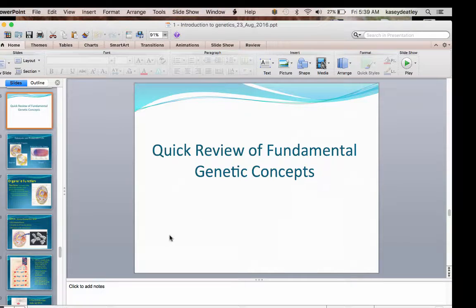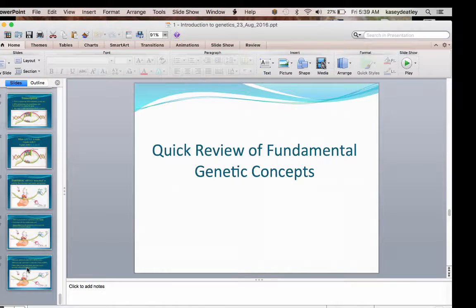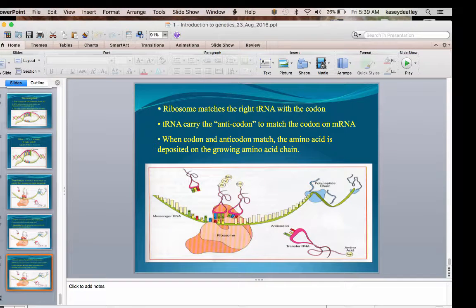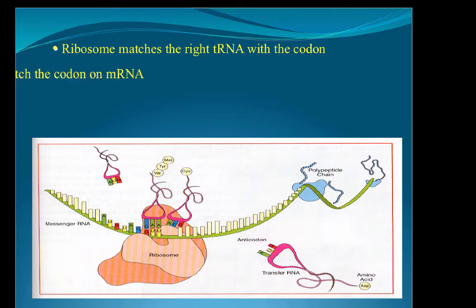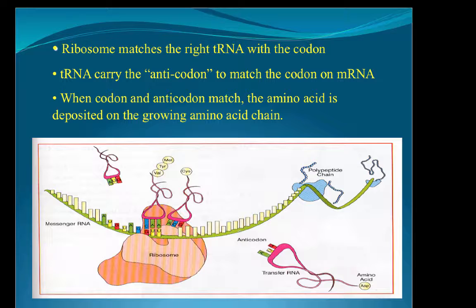All right, so, sorry, let's go back to that last slide really quickly. So keep in mind that a ribosome is going to be part of this translation process, and the ribosome is going to have the ability to match the right transfer RNA with the right codon.